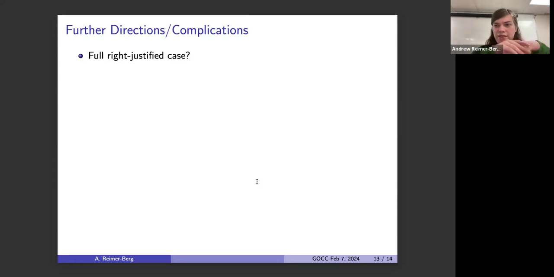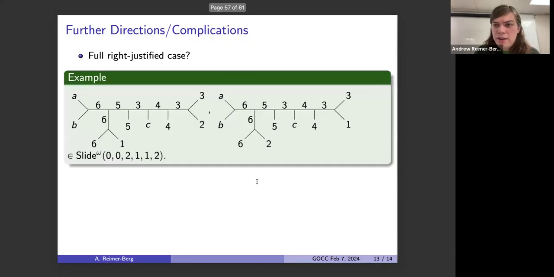We have a characterization of the caterpillars. Can we build a bijection between all the slide trees where k is right justified and the set of all words with content k? One of the difficulties is that in that earlier case, we took a tree, found its edge labels, and then built a map based just off of the edge labels.